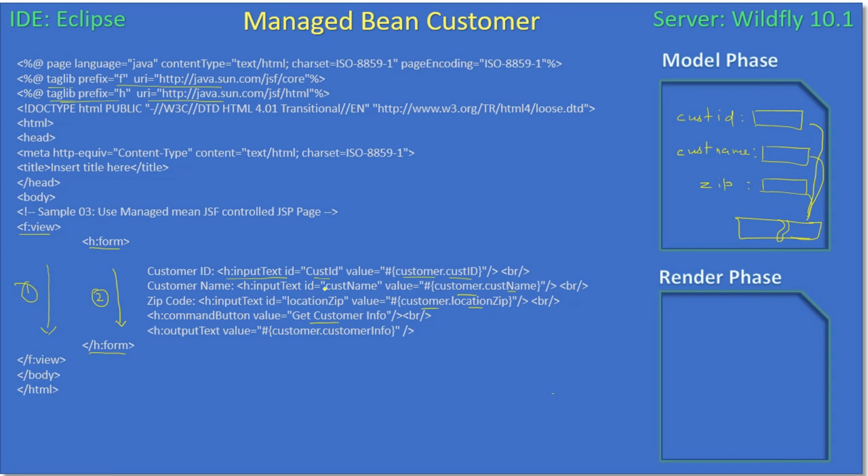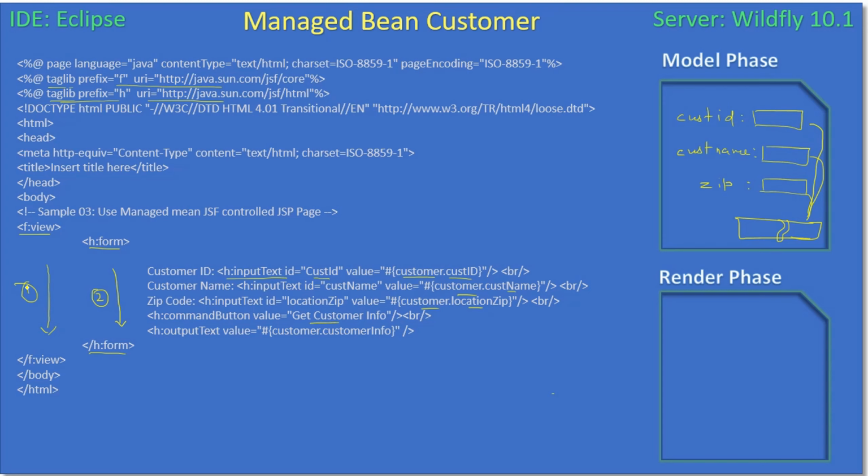So during the model phase, whatever the user enters here, first the user will get the page. When the user gets the page, at that time there is nothing stored on the bean side. Why? Because the form is displayed for the first time.